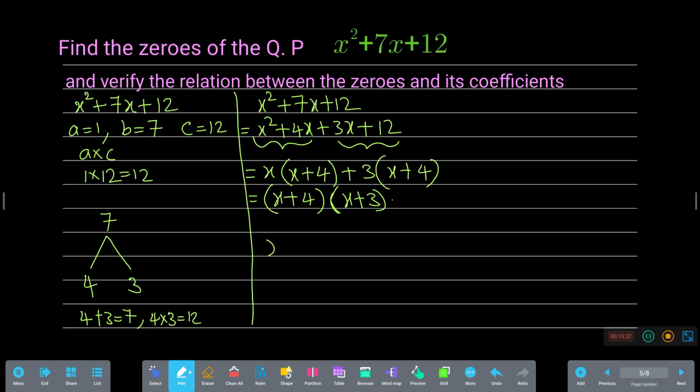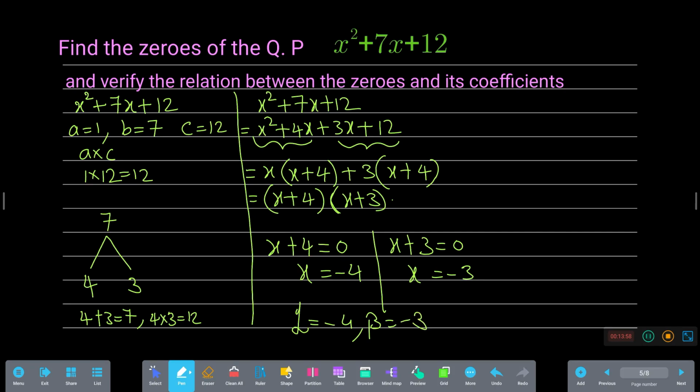Equate x plus 4 to 0, so we get x equal to minus 4. x plus 3 equal to 0, x is equal to minus 3. That means our alpha is minus 4 and beta is minus 3.